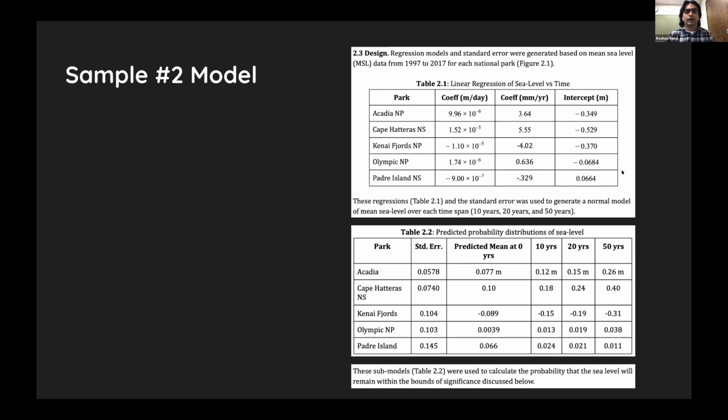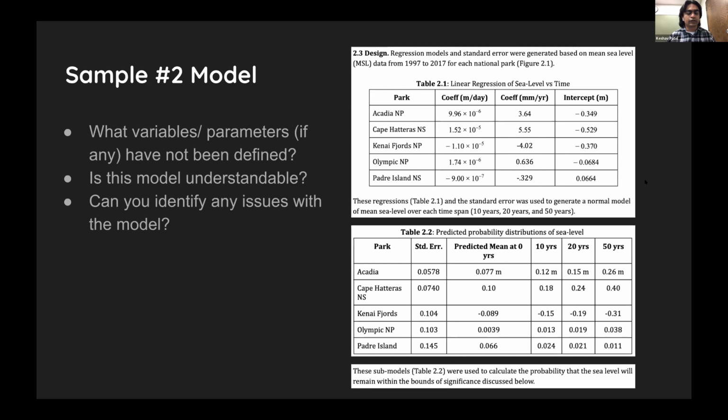So take a look at this. And as usual, here are the three questions. What variables or parameters, if any, have not been defined? Is this model understandable? And can you identify any issues with this model?